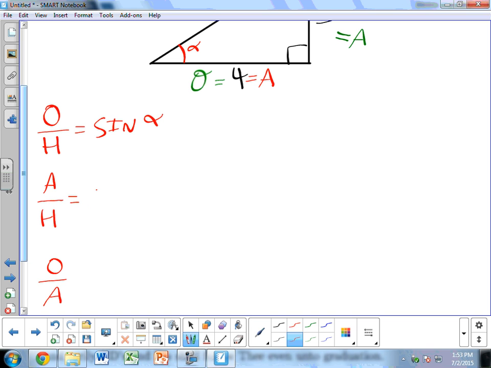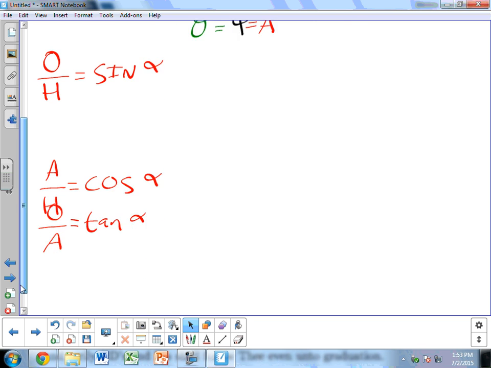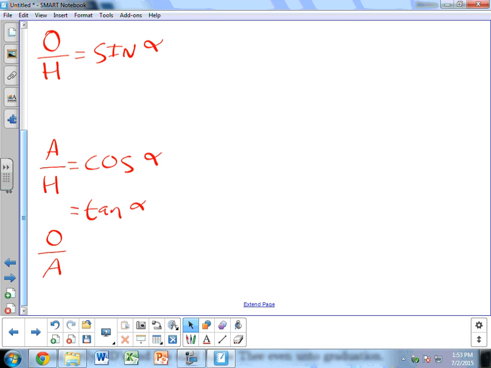Adjacent over hypotenuse is the cosine of alpha, and the opposite over the adjacent is the tangent of alpha. Now, in order to figure these out, I should have spaced these better, but I can still break it up, maybe? Yes, I can. So bring these down, and bring that down, and bring that down, and bring it down some more, for good measure.